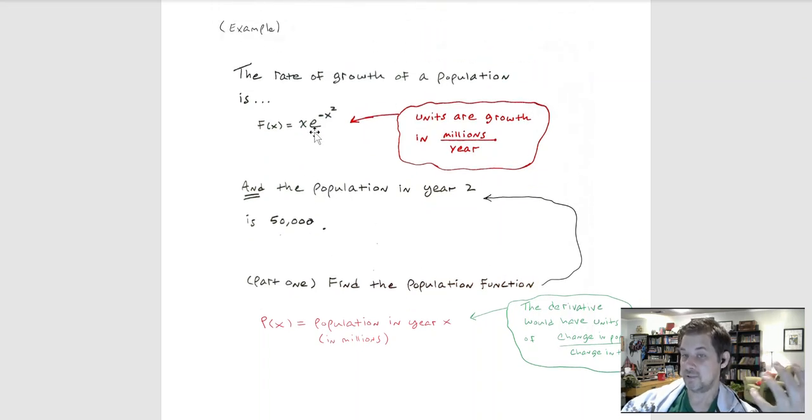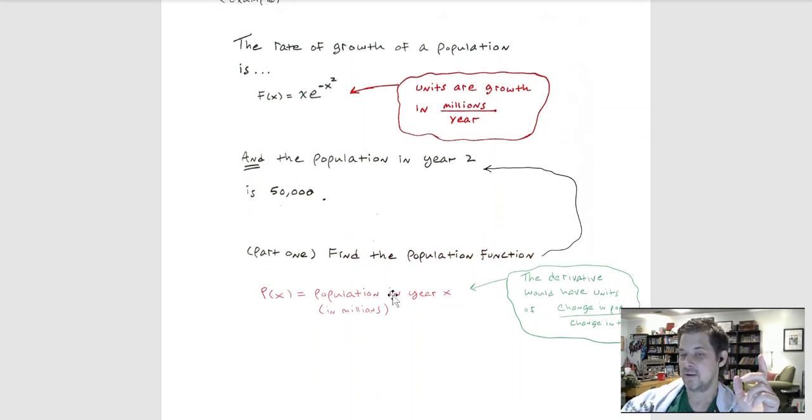It would be the function that tells you how fast the population's growing. Okay, so the function I want is such that if I took the derivative of it, I would get this one. So that's the whole key to figuring out then how to get what I want, how to take the function that tells you how fast the population's growing and get the function that tells you what the population is.